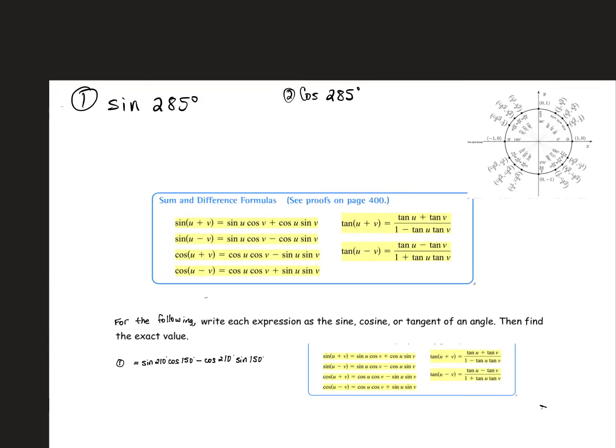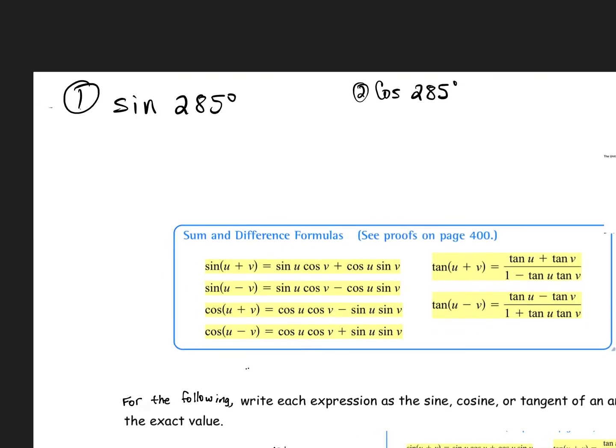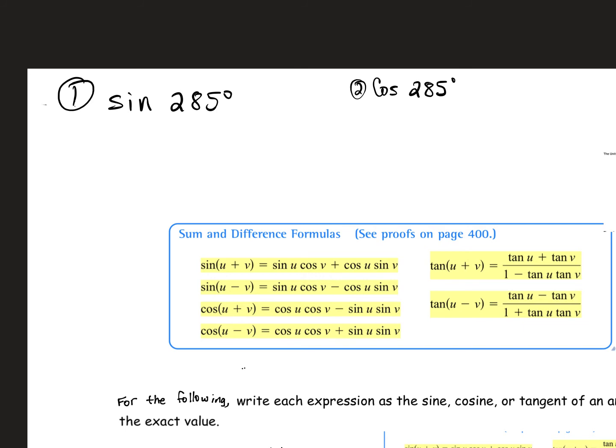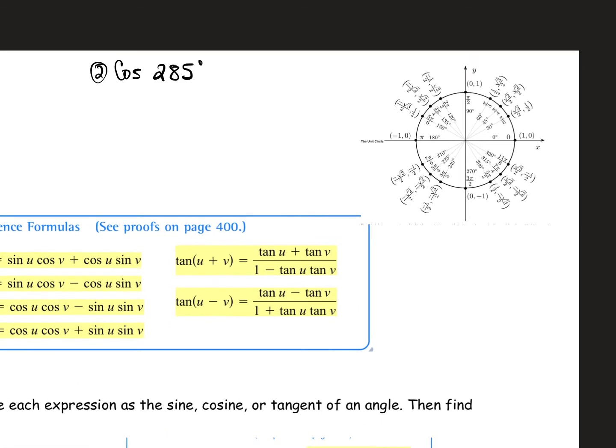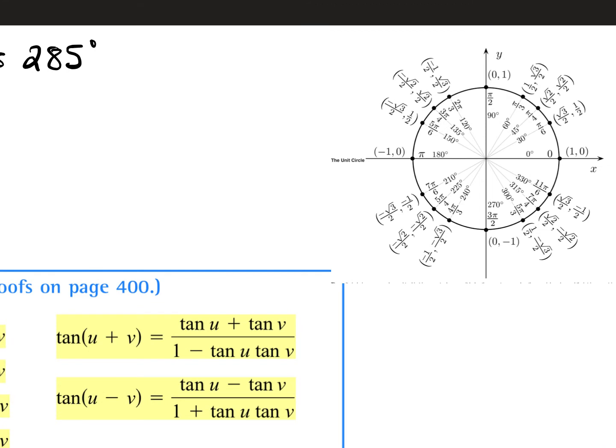If we look at the next page, you have sine 285. Is 285 degrees one of those angles on your unit circle? Nope. What can equal the 285? So we said that for this one, I'm going to use the 60 and the 225.